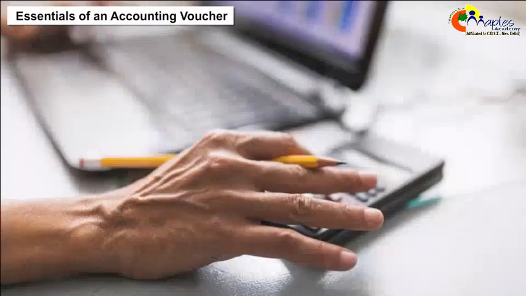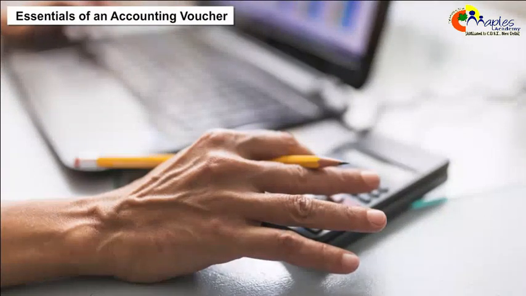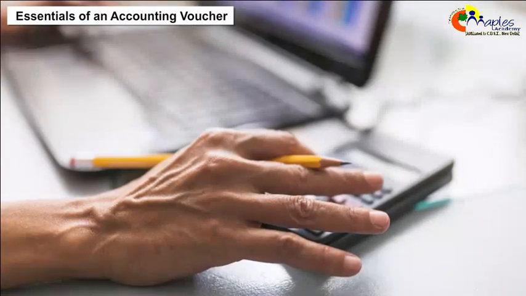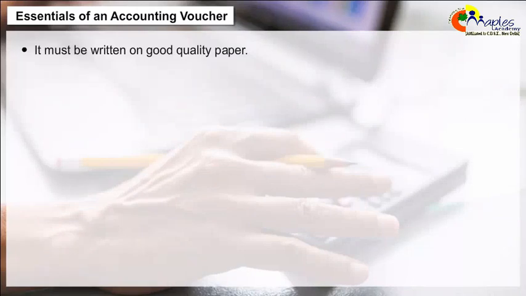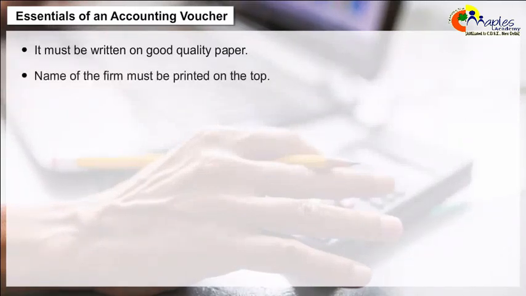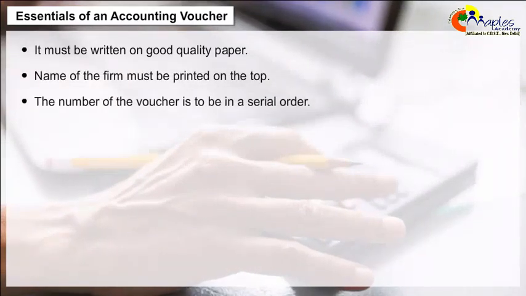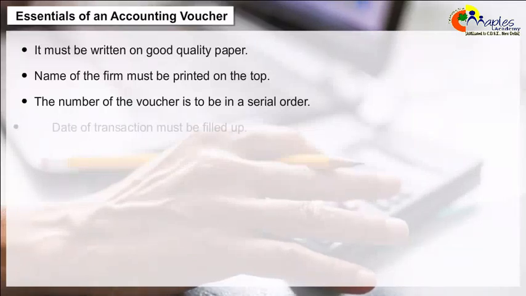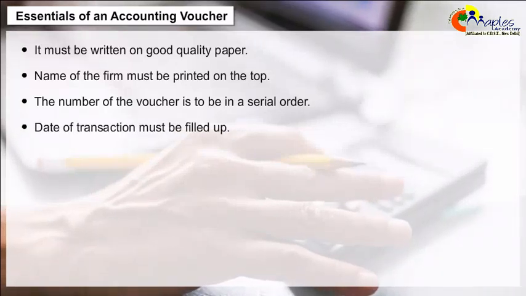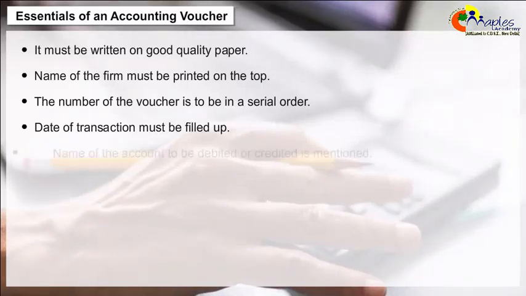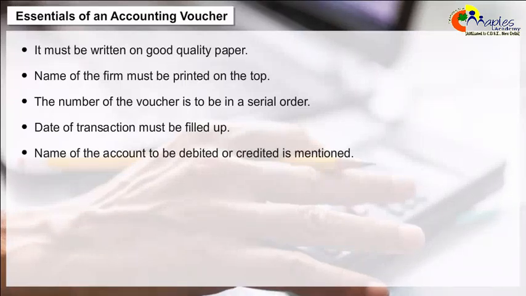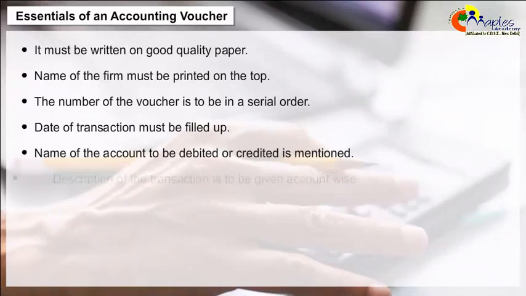Essentials of an accounting voucher. An accounting voucher must contain the following essential elements. It must be written on good quality paper. The name of the firm must be printed on the top. The number of the voucher is to be in serial order. The date of transaction must be filled up against the date, and not the date of recording of the transaction. The name of the account to be debited or credited is mentioned.